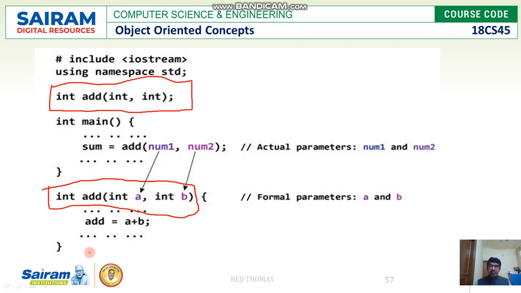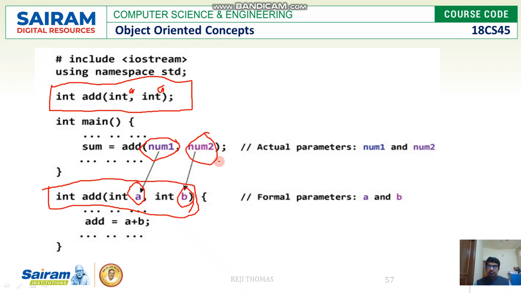Both look the same, and if you want, you can give the formal parameters here, but it's not mandatory. The only difference is that after this you need to give a semicolon. I also want to make it very clear, num1 and num2 are actual parameters, and a and b are formal parameters. What happens is a gets the value of num1 and b takes the value of num2.